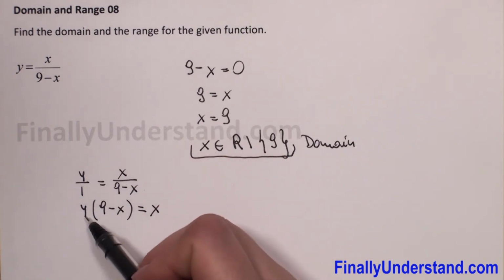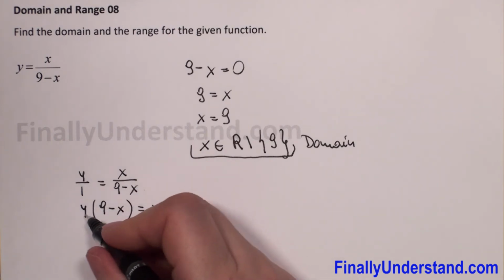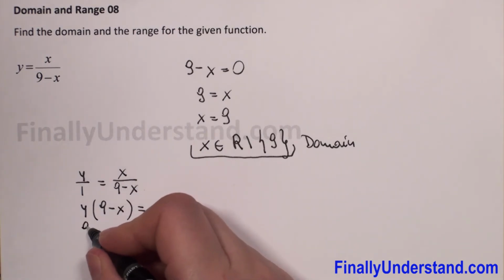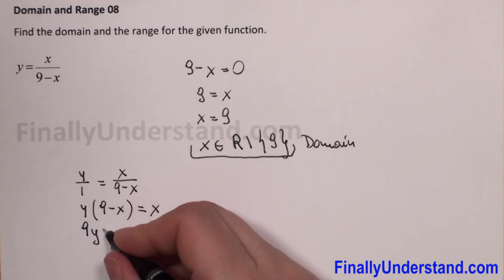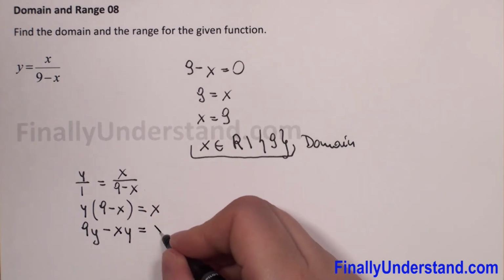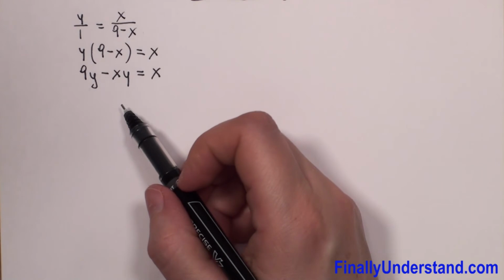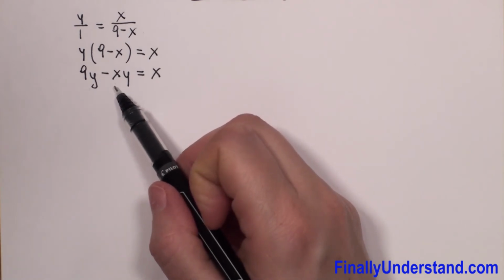Now we have to multiply y by whatever is in parentheses. So y times 9 is 9y. y times negative x is negative xy, equals x. Now I have to move all terms with x to one side.